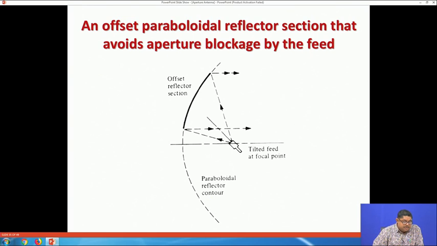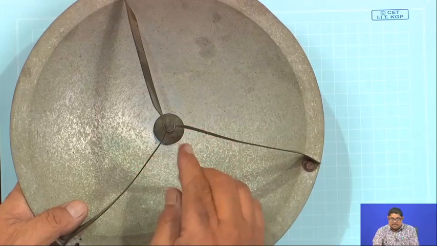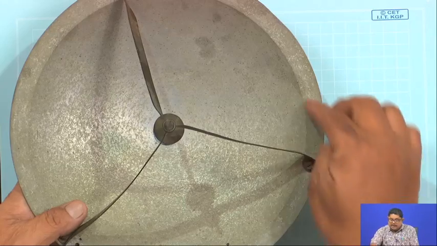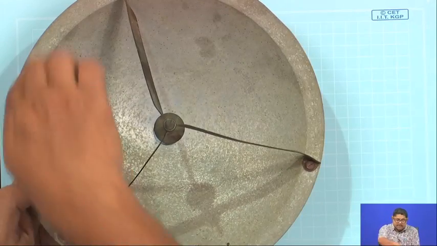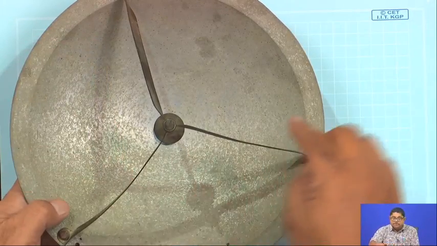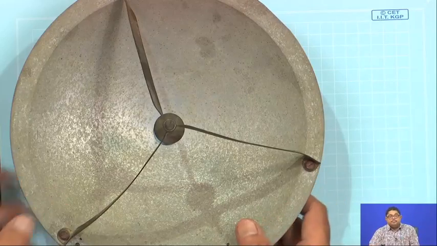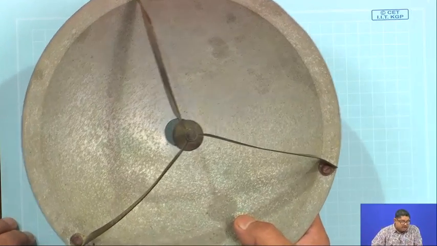In some radio astronomy applications, the problem is that the radiation pattern of the feed generally does not go to 0 at the edges of the reflector. That means, look here, the feed pattern at the edges of the reflector generally does not go to 0, it goes beyond that.